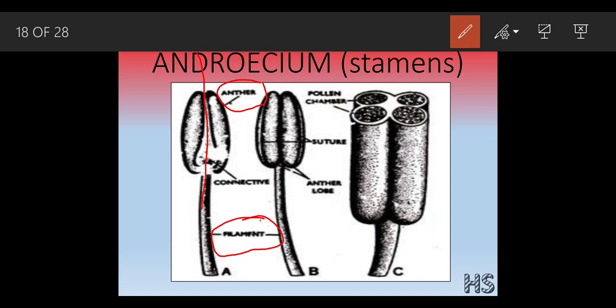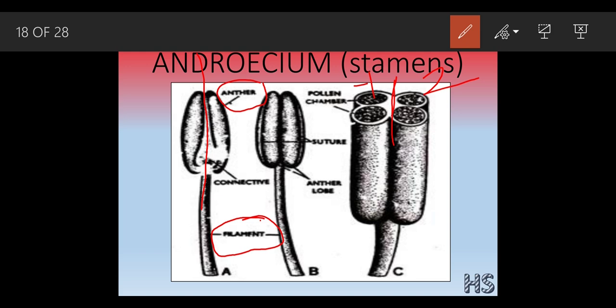If you slice this anther, we get these pollen chambers. This mid part is called the lobe. Each anther has two lobes: this is one lobe and this is the second lobe.